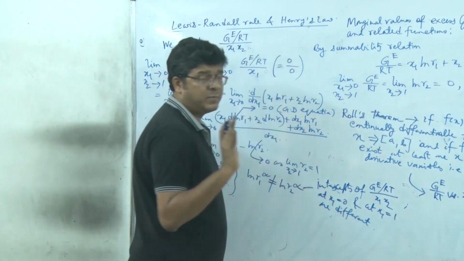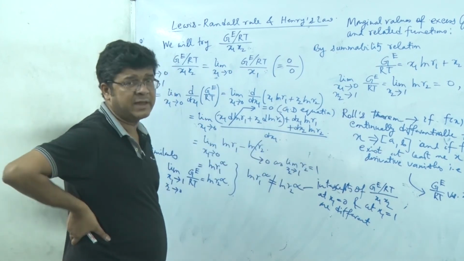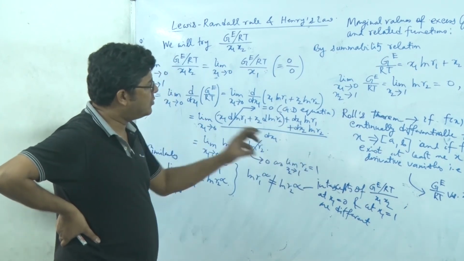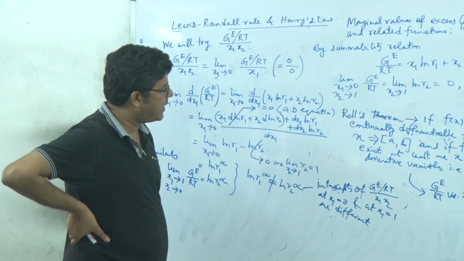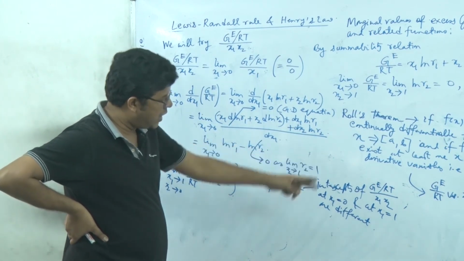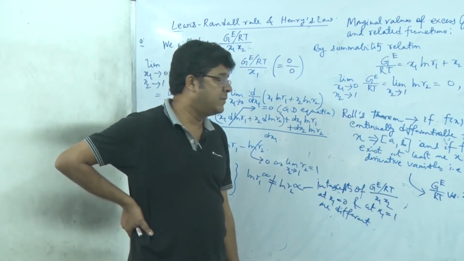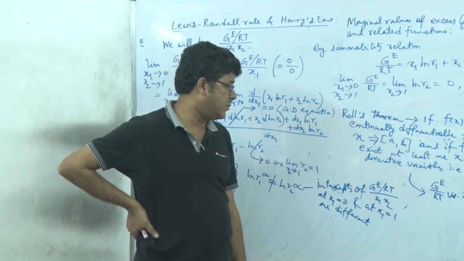But that does not mean that the curve or this function is linear with x1, right? In order to justify that, we have to actually solve for G by RT, or determine G by RT, again from the vapor liquid equilibrium data.